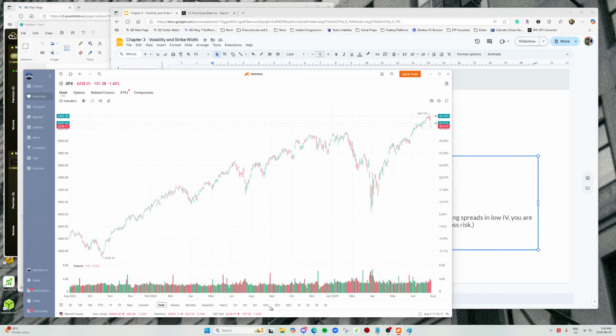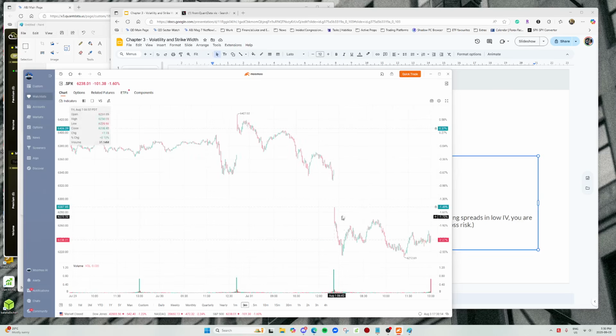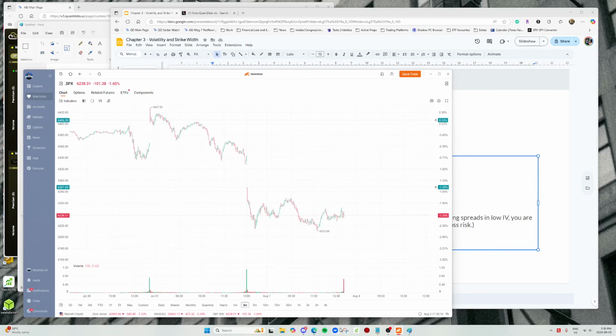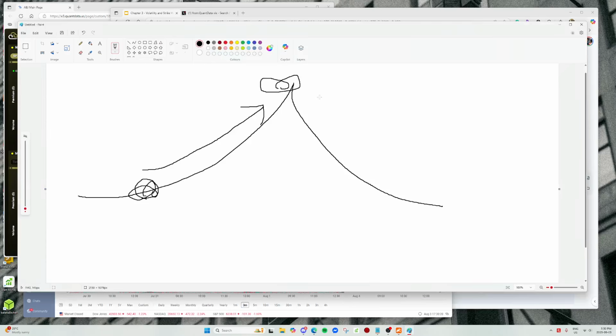Now again, it does still decay, but it's just not as rapid, because we can see that when we're at the top of this hill, we have this to capture. This always happens. This is more guaranteed than this going up. When IV is low, we don't know when IV is going to go up.